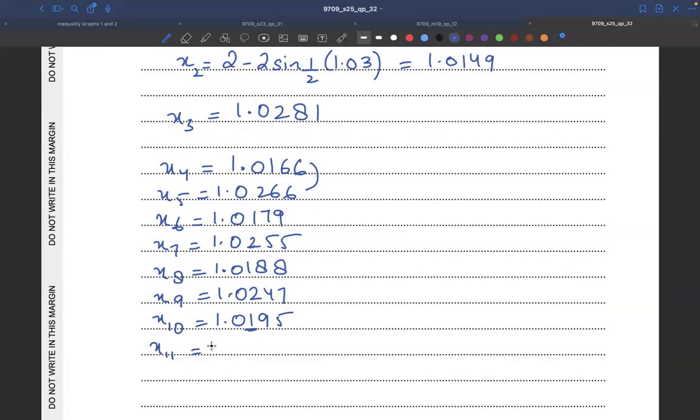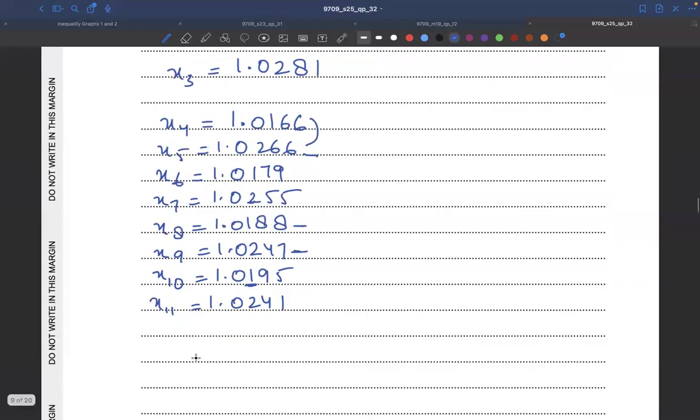If I put 0.0195 over here, it will again be 1.0240. So we can see that each time, one of these values is increasing towards 1.02, and the other is decreasing towards 1.02. So the final answer for x would be x equals 1.02.